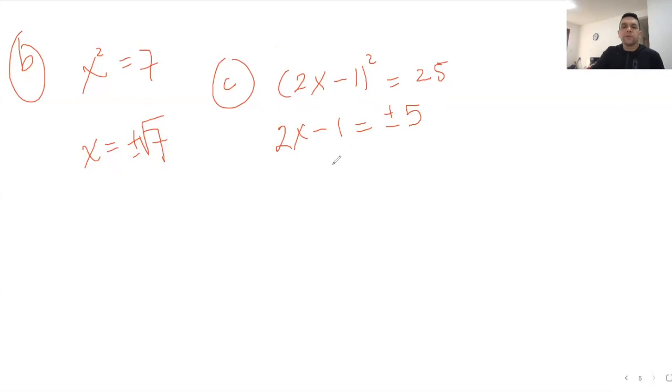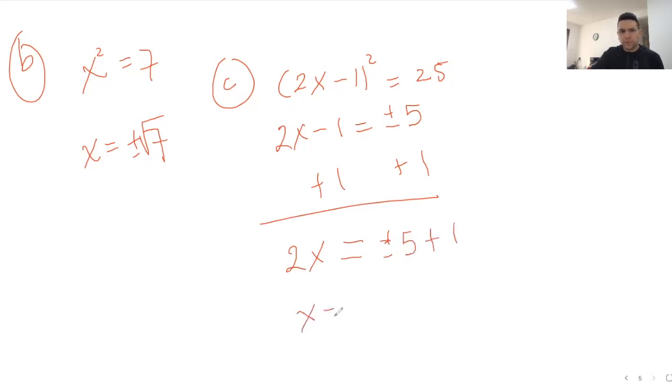Okay, so I add 1: 2x equals plus or minus 5 plus 1, and then divided by 2, so x equals plus or minus 5 plus 1 divided by 2. So what do we get?